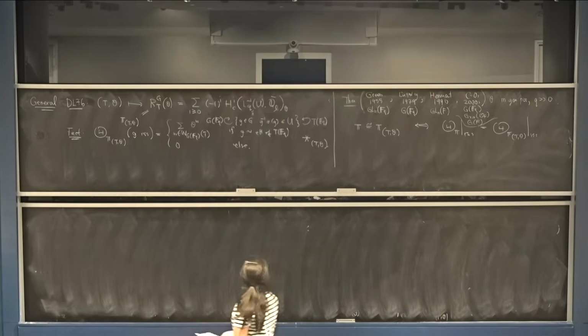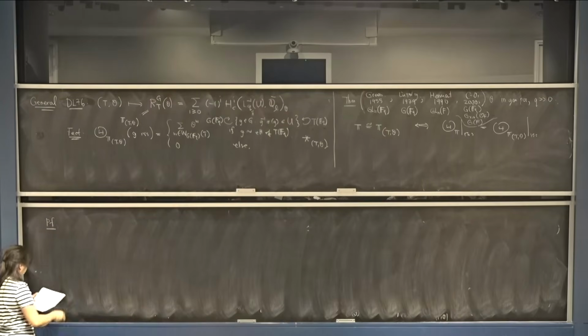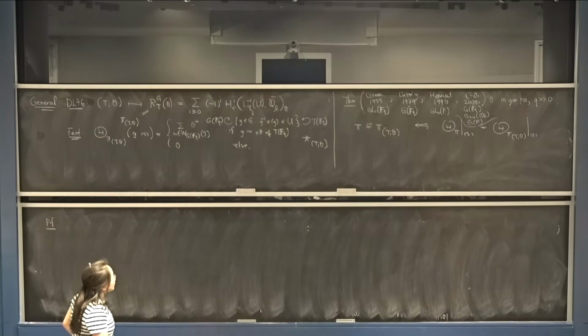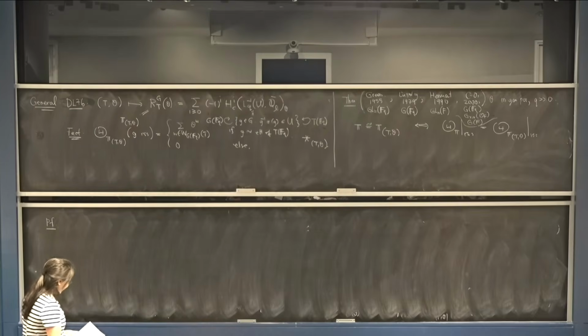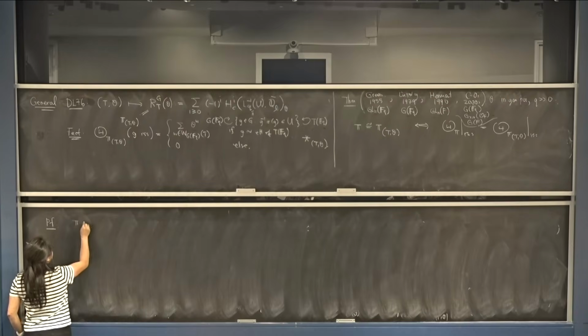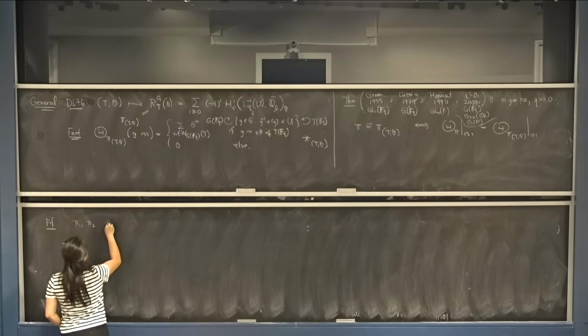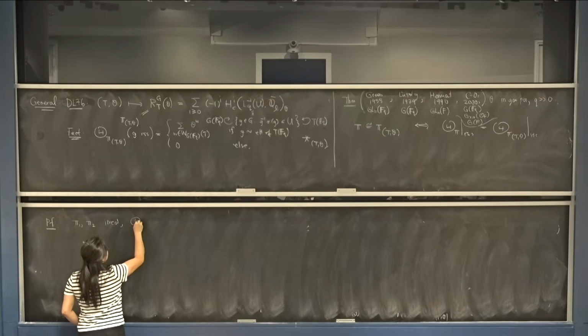Okay, so the proof is very elementary, and so I like to talk about it. The proof also uses Cauchy-Schwarz, and so I'm happy. So what is our task? Our assumptions are that we have two irreducible representations, pi_1 and pi_2.